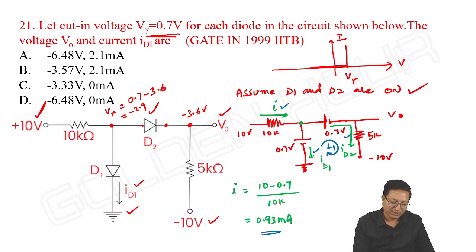Here we can make it 3.57, or here it is 0. Any one value we need to change. Or you can take this as 0 milliampere and option B is correct. Okay, I have made some correction in this. This is how we can do this problem.